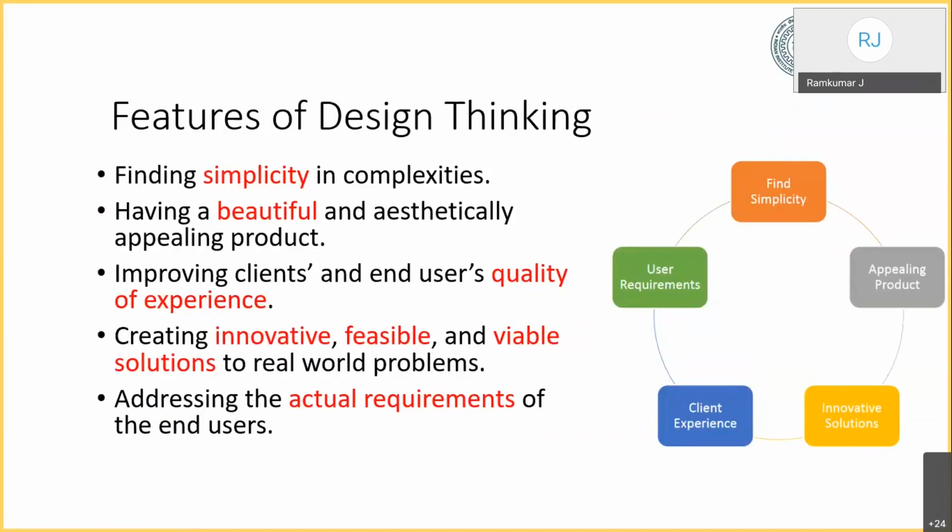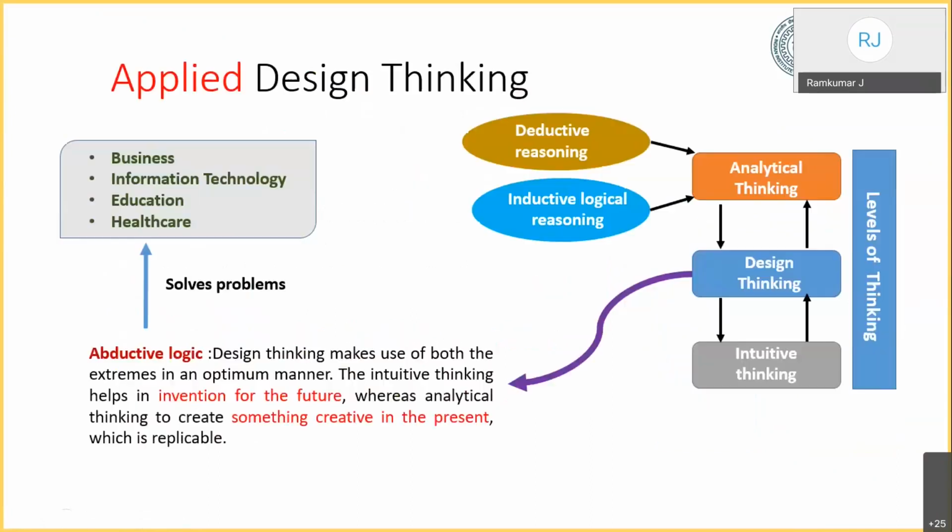Addressing the actual requirements of the end user is the other thing. So if you look into it, the features of design thinking are simplicity, appealing products, innovative solutions, client experience, and user requirements.